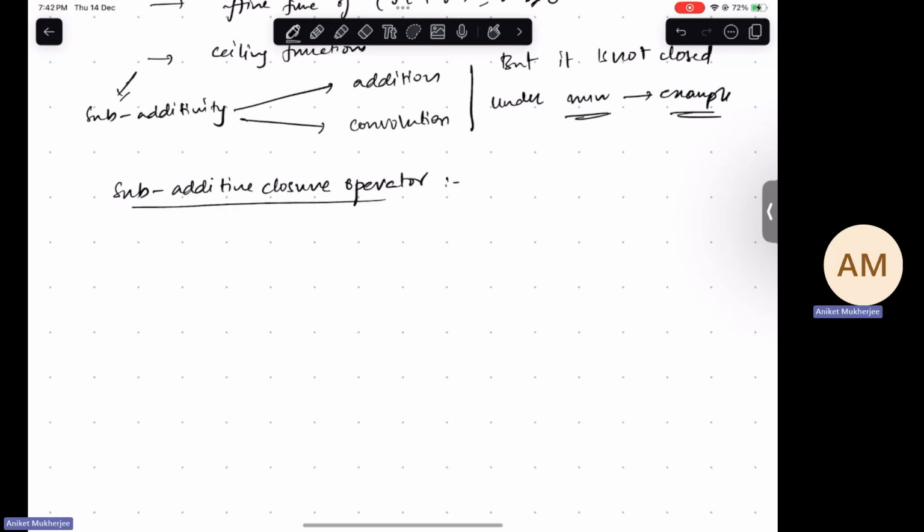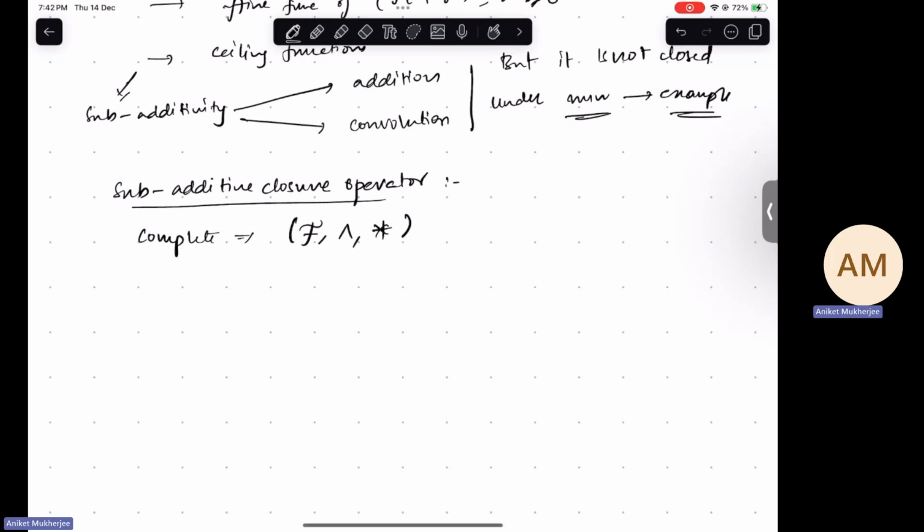So the subadditive closure operator. Now we have taken the complete dioid: the set of min plus functions, with the pointwise minimum operator and the convolution operator.